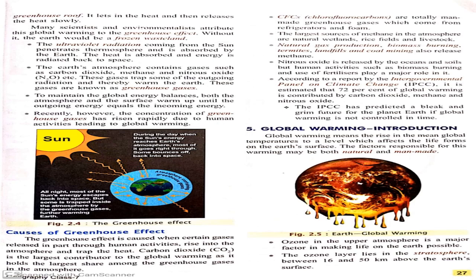So these are some of the activities which increase the amount of methane in the atmosphere. It includes natural wetlands, rice fields, livestock, then natural gas production, biomass burning, termites, landfills, and coal mining.